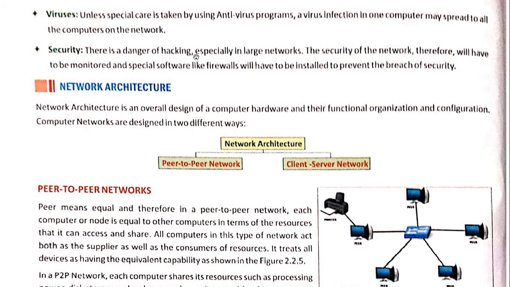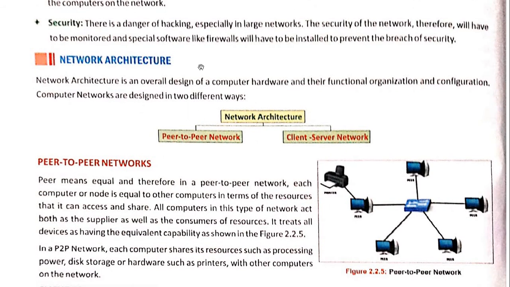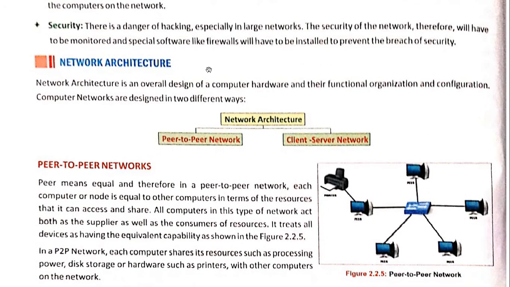Viruses can be avoided with the help of antivirus programs, and security can be high with antivirus software, or it may be set in the computer also. So these were the types of network and the advantages and disadvantages of network.